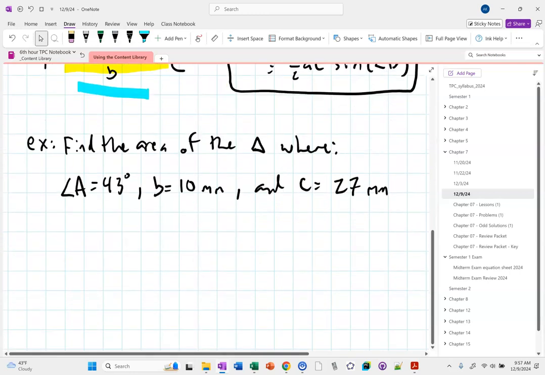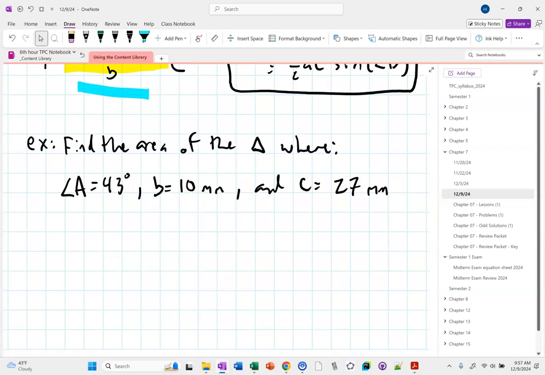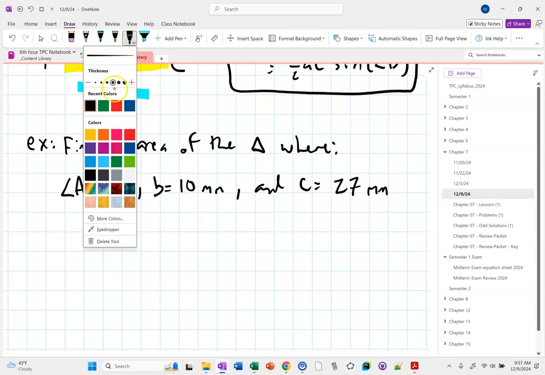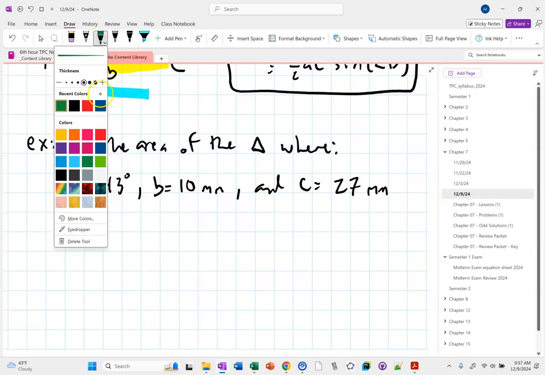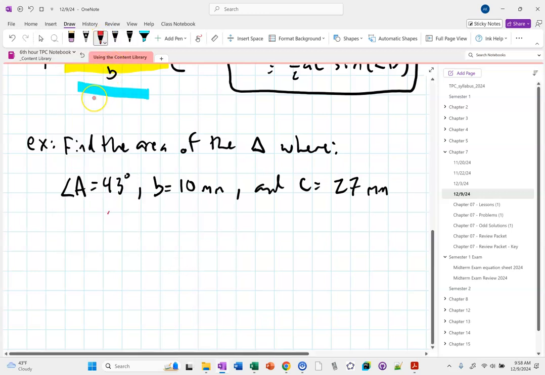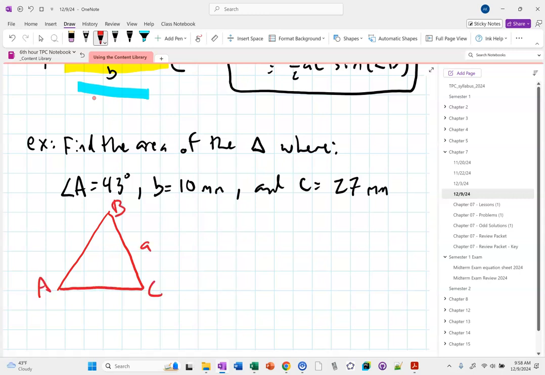Say we want to find the area of the triangle where angle A is 43 degrees, side B is 10 millimeters, and side C is 27 millimeters. So I'd want to start by just drawing myself a picture and labeling it, just like we've been doing on every problem.